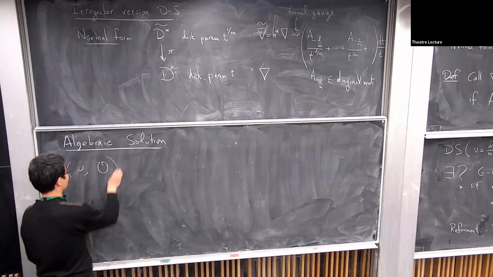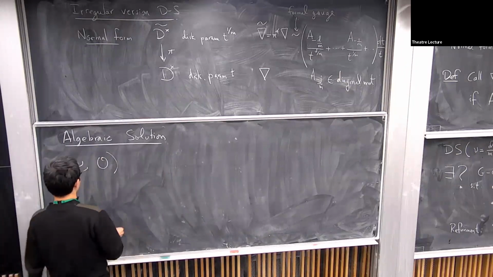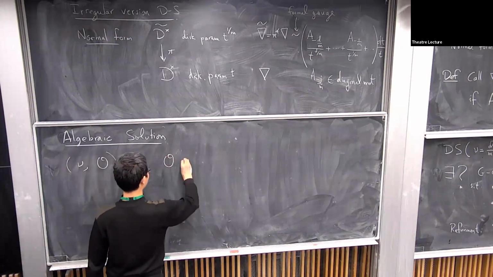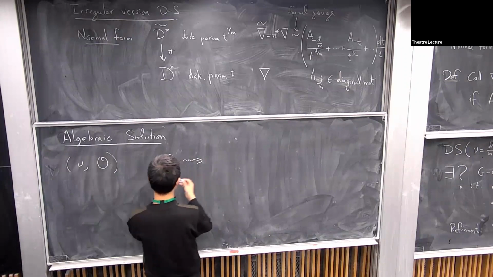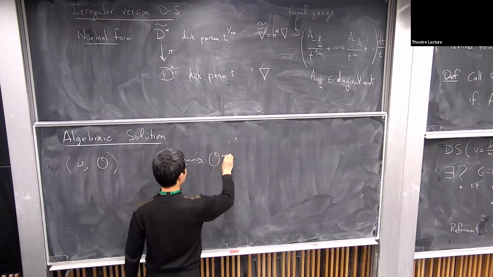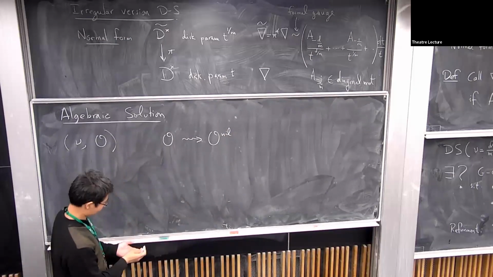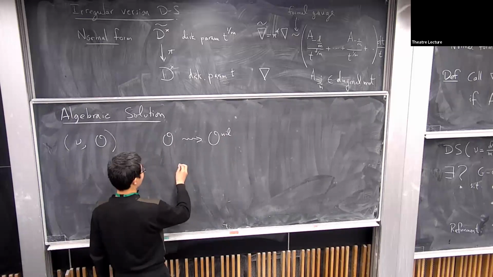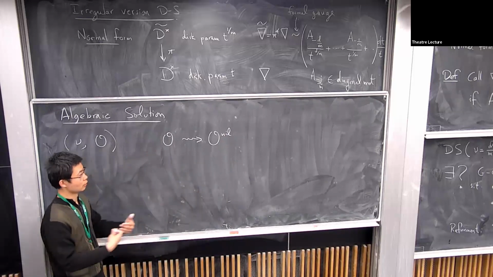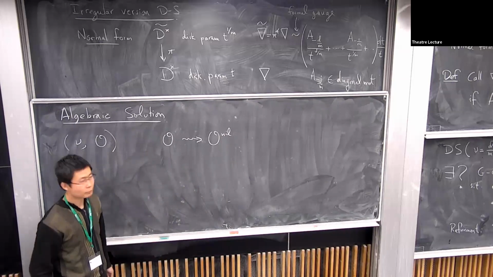From the given data, I'm going to first introduce an operation that turns an arbitrary adjoint orbit into a nilpotent orbit. So this is a very simple procedure. Basically, you want to scale your adjoint orbit by t, and as t goes to 0, you take the limit.